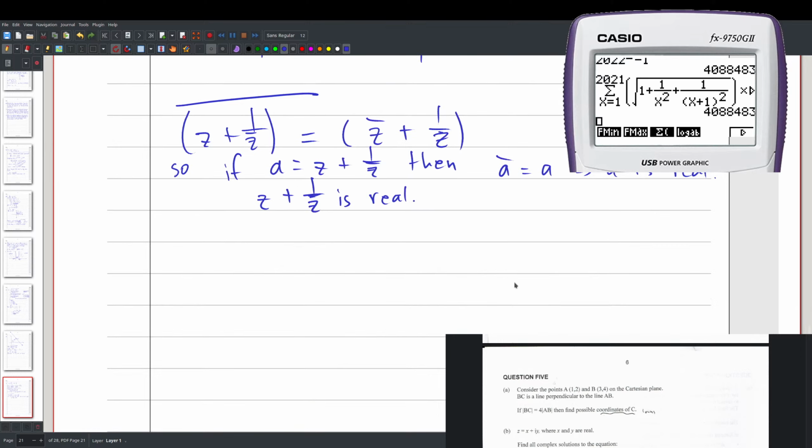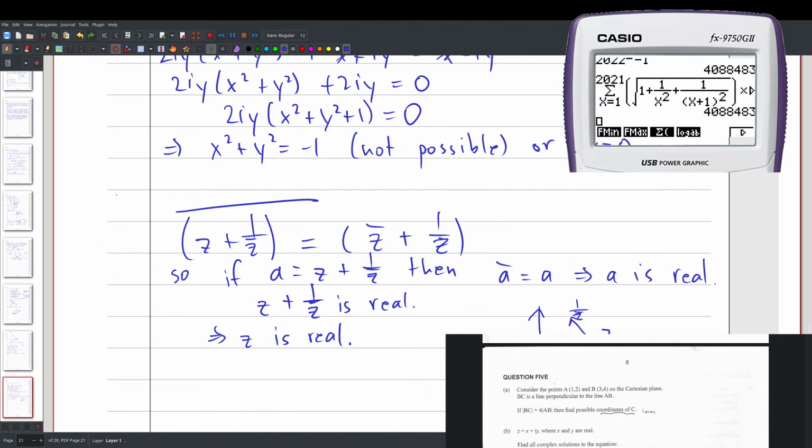Z plus, like okay, so if this is Z, then this is 1 over Z bar. So like there's no way it can be real if Z is real. Yeah, okay, so find all complex solutions.